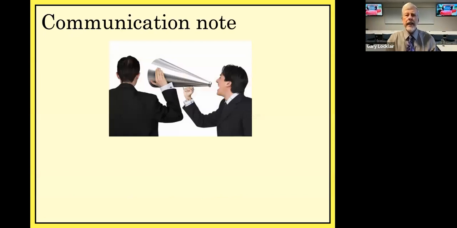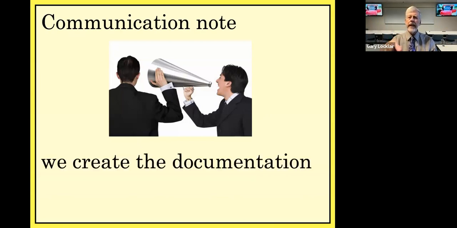Now, when it comes to actually doing the front end of software engineering, that's the requirements and specifications. This is all about communication. We, the developers, the software engineers, we create the documentation. So when we talked last week about requirements and this week about specifications, we are the ones creating the documentation, but we don't make it up.